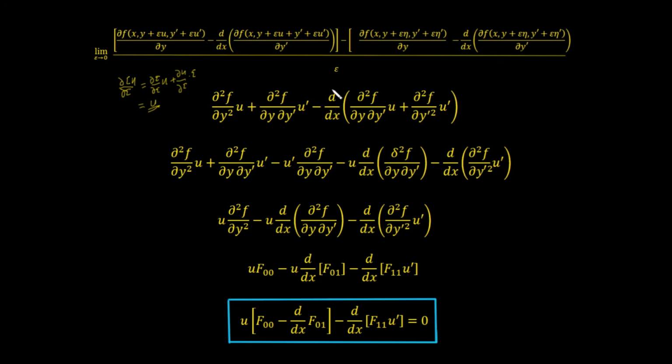So we're going to minus d by dx of partial squared f, and we're going to have our partial y derivative, that's the mixed derivative, times our u, and finally we're going to have our partial squared f, our partial y derivative squared times our u derivative. So this here is the differentiation of what we have above here.